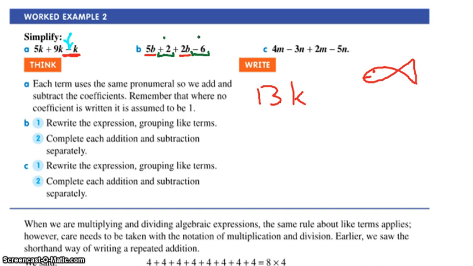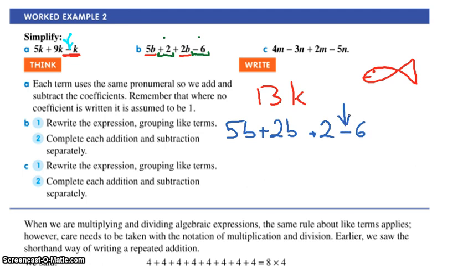Okay, so what we're going to do is rewrite this in like terms, moving everything around so that it's easier to read. So we'll have 5b, and we'll put its other like term next to it, which is plus, don't forget the sign, 2b, plus 2, so we've got our constants at the end. Then the last one is minus 6. That sign stays with the 6.